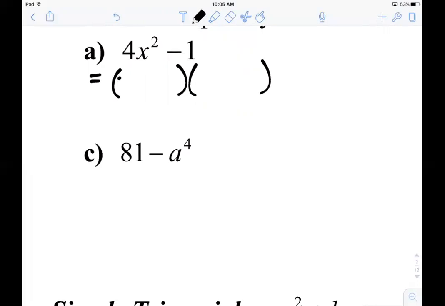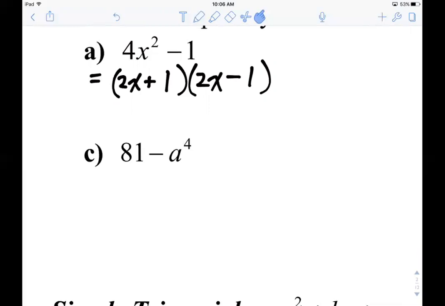So that means 2x is going to be at the beginning of each of my two brackets. One of them is going to be added with my other piece, the other one's going to be subtracted with my other piece. Then to find the other piece, I just take the number 1 and I square root that as well. And I actually also get the number 1. So it's 2x plus 1 and 2x minus 1 is my final form of this result.